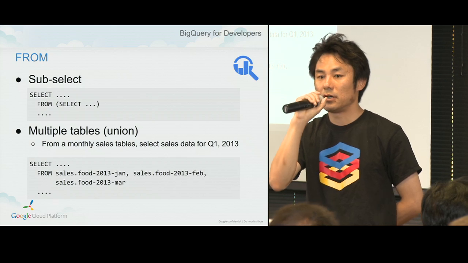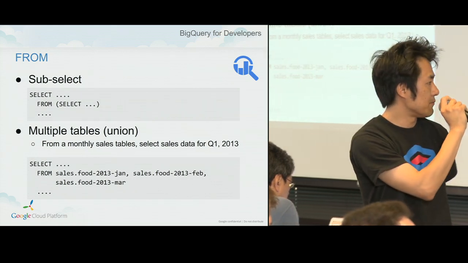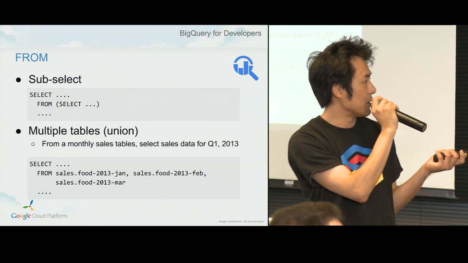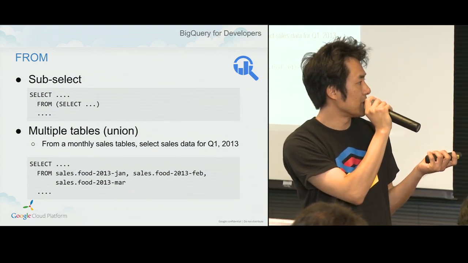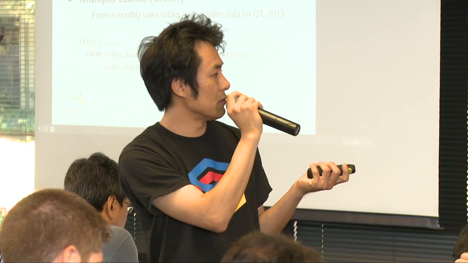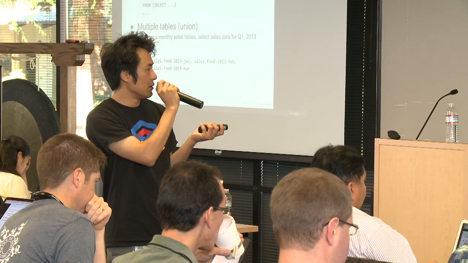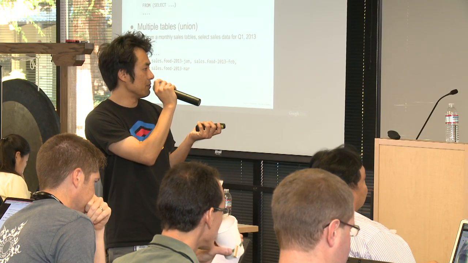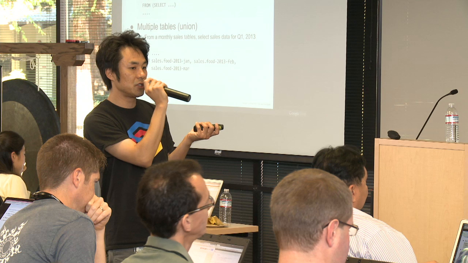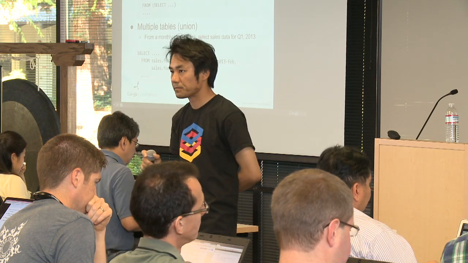And also, we discussed a little in the previous session, this from statement accepts multiple tables. So if you follow our practice and separate the table per month, a query like this, select from January, February, March, will return the data for Q1.